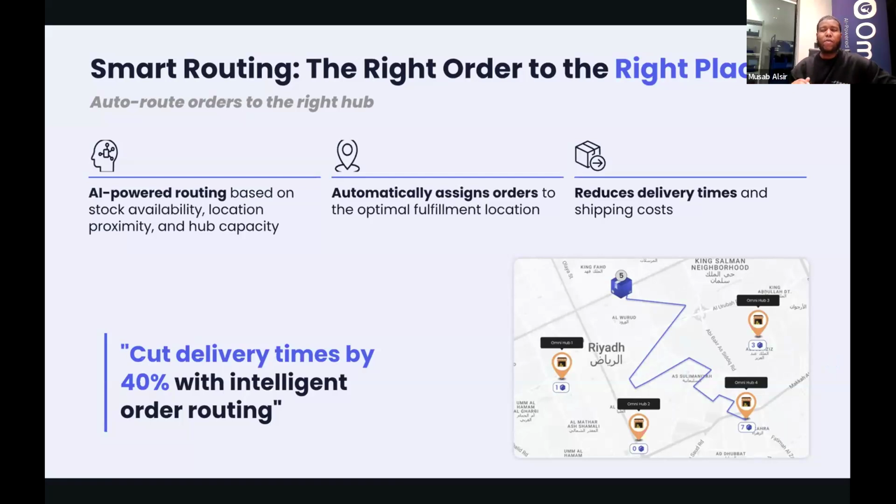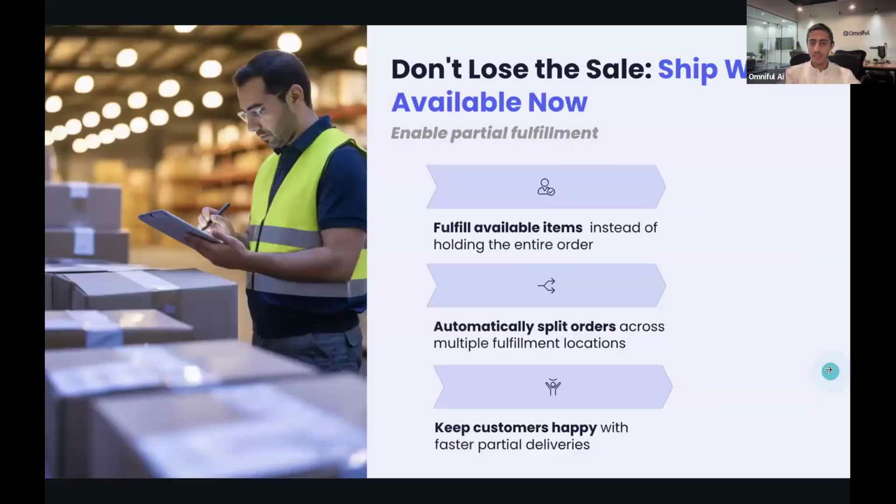You can also find the nearest location to route your order to. And you can also have distribution that is automatically based on the optimal fulfillment location. Yes, and this will take me out of any manual assignment, any manual interference to make the operation work. Amazing. Nothing manual here. All will be automated.